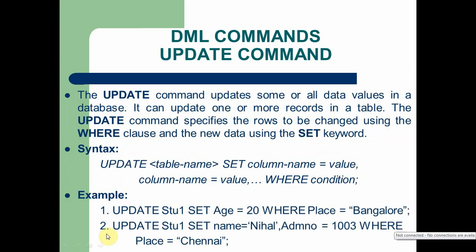In the example, you can see UPDATE student1 table SET age is equal to 20 WHERE place is equal to Bangalore. It means that for the students who come from Bangalore, all their ages are converted into 20.